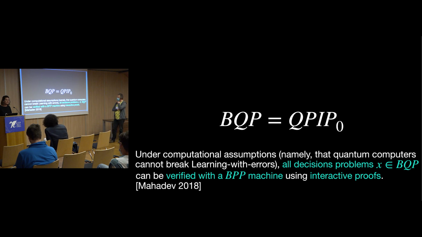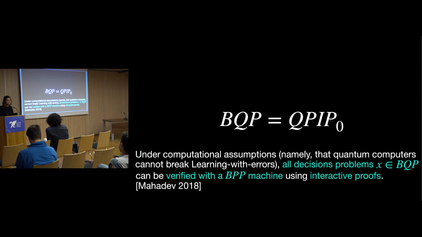It's believed that quantum computers can't break learning with errors, and that's a pretty reasonable assumption. It's related to lattice-based crypto, how you can't find the shortest vector. But it's not proven.